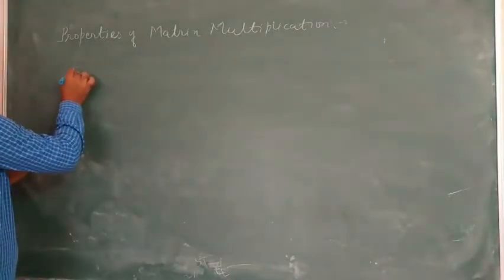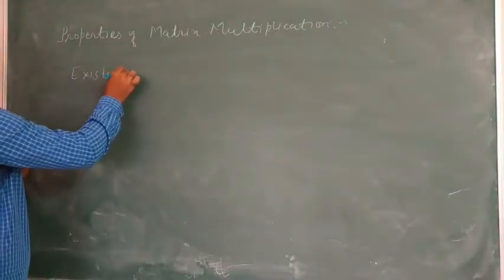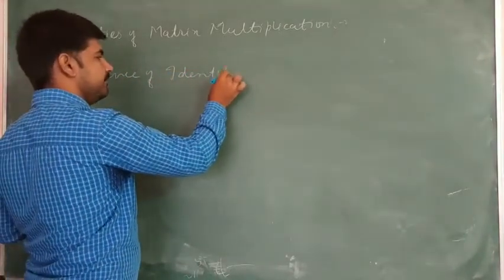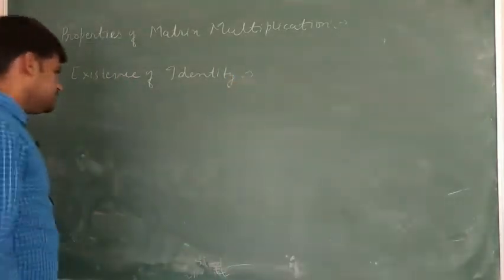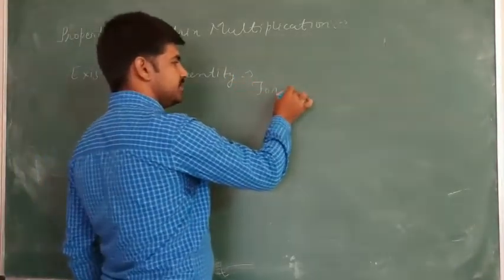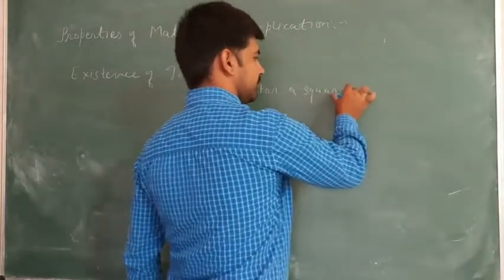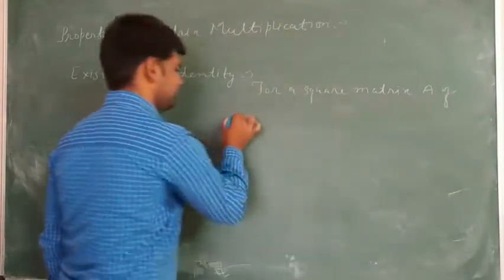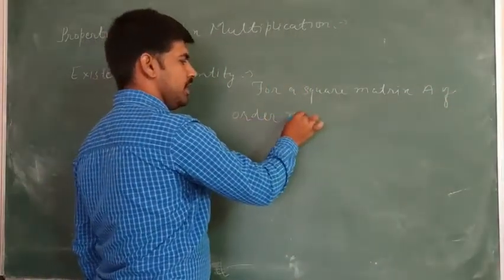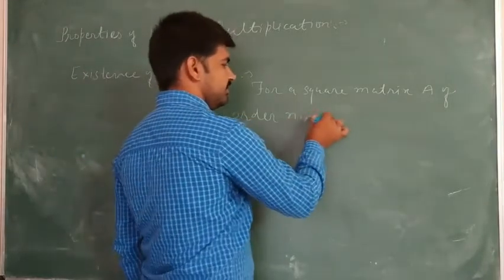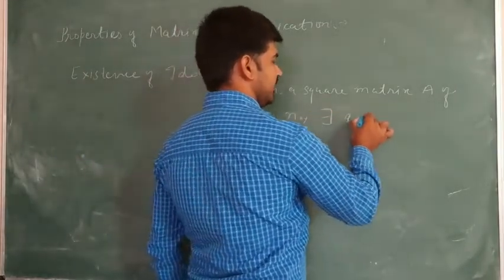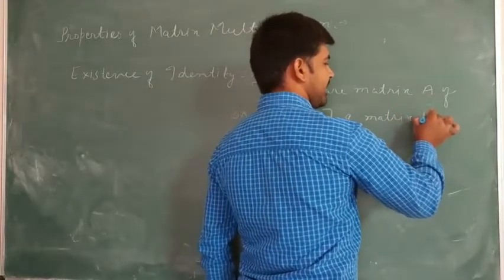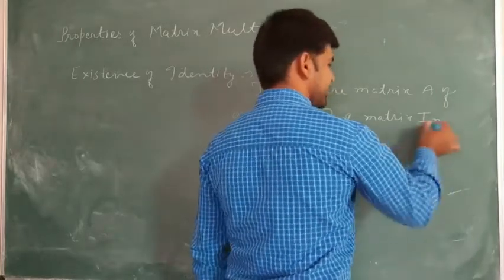Dear students, for a square matrix A of order n, there exists a matrix In, that is the identity matrix of order n.